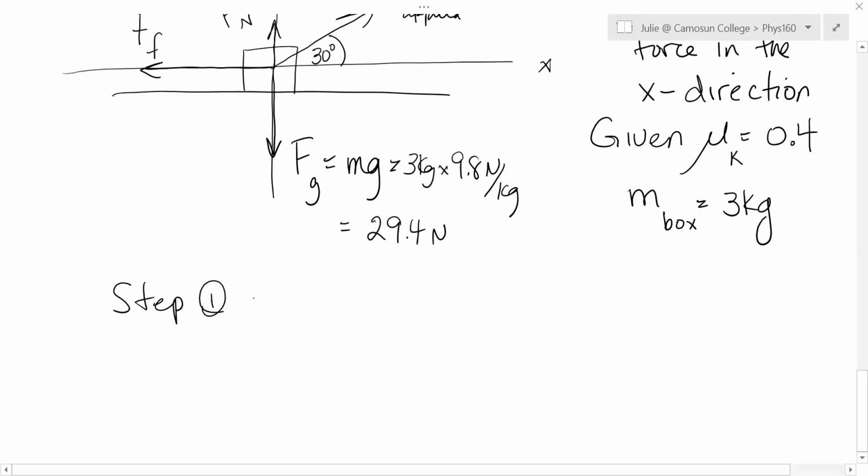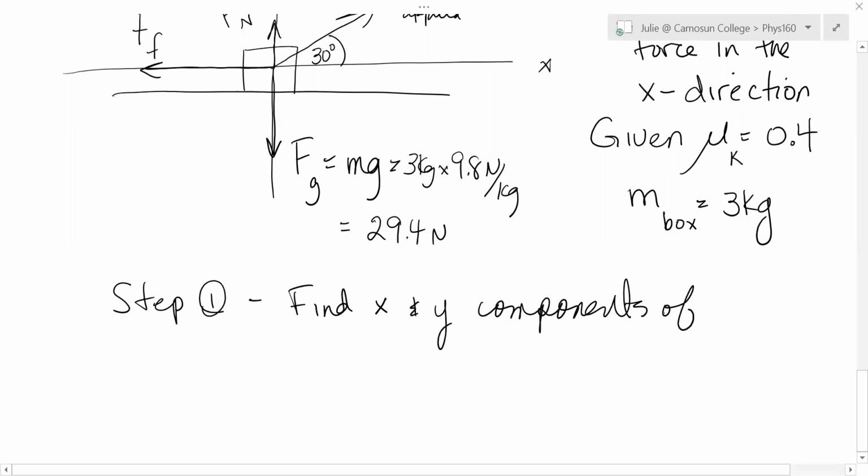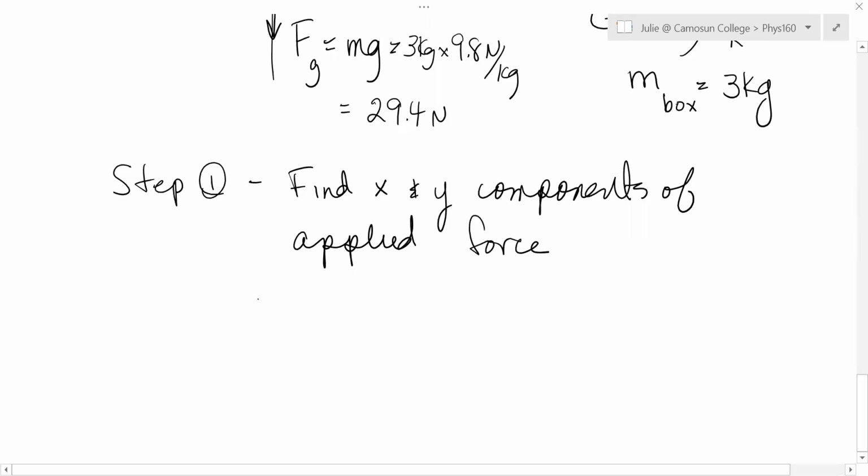Okay, so we have to get that applied force into its components in order to figure out the normal. So step 1 is find x and y components of applied force. F applied x would be F cosine theta, because that's the angle given close to the x-axis.